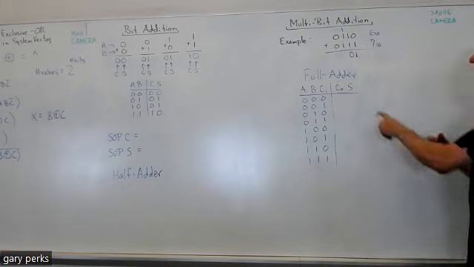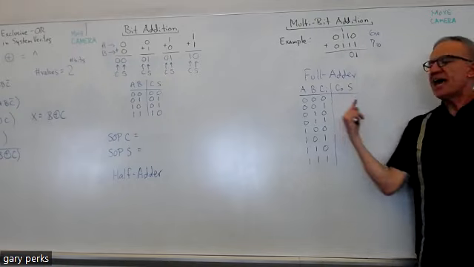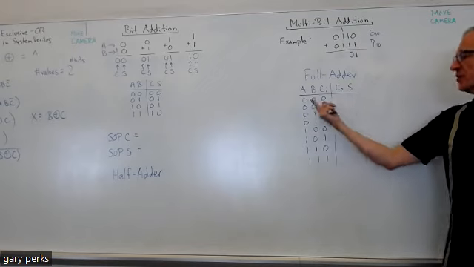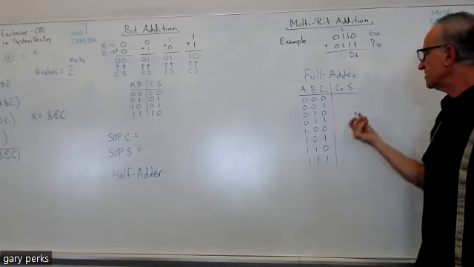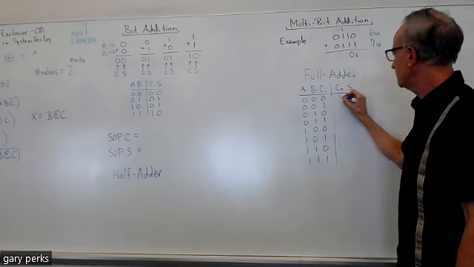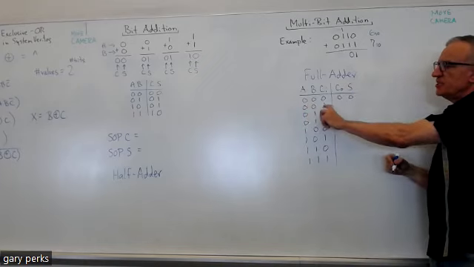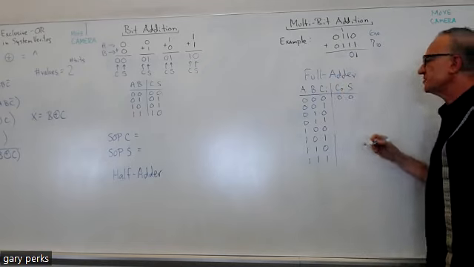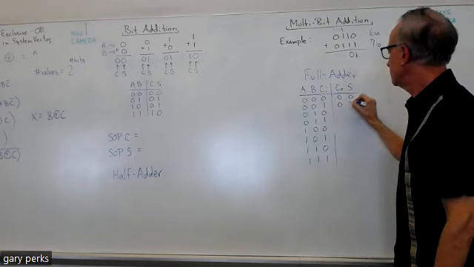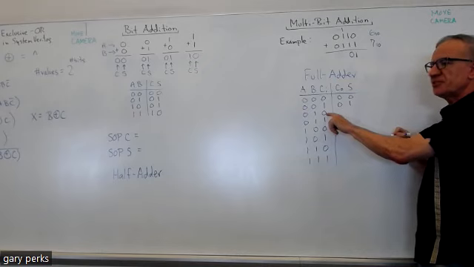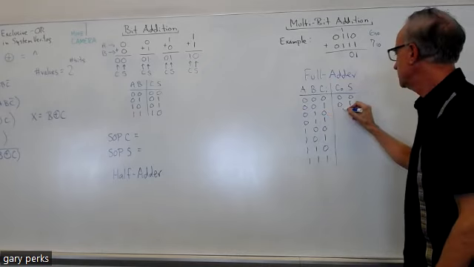Now to get what the output equals, we're just adding these 3 bits. If you're adding 3 zeros, of course, the result is 0. If I'm adding 2 zeros and a single 1, the result is a 1. And that's true for all the rows that just have a single bit equal to 1.